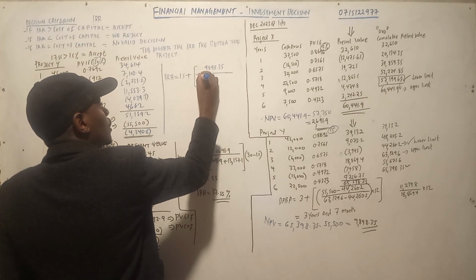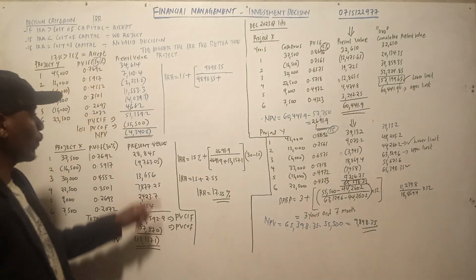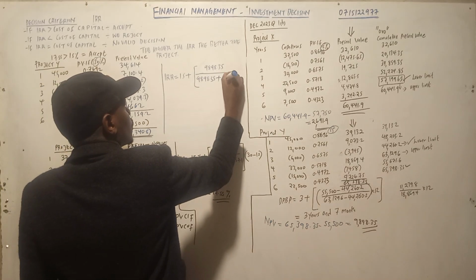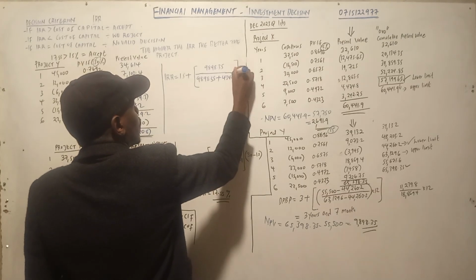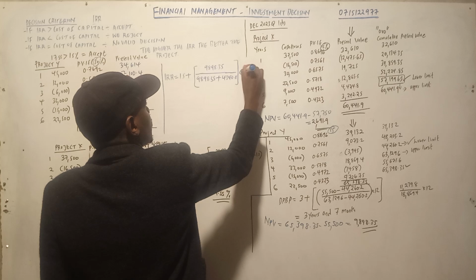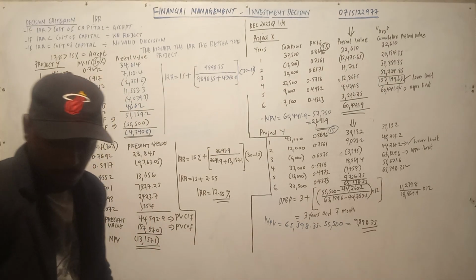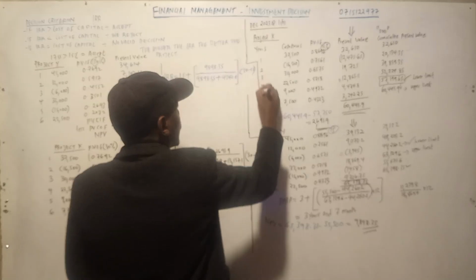So this one is 98.35, and this one also make it positive, 4340.8. Then you find the difference, 30 minus 15. Once you have done that, you are good to go.